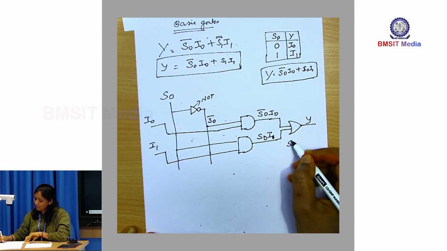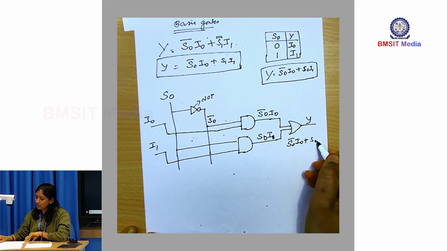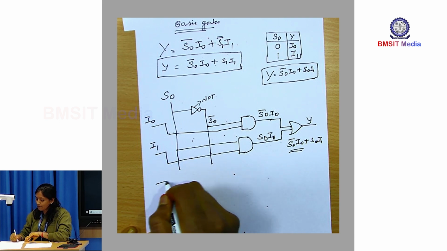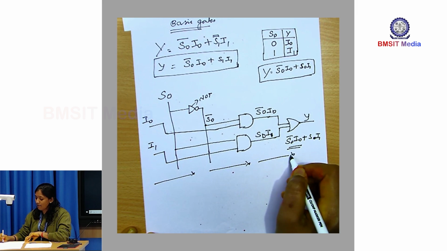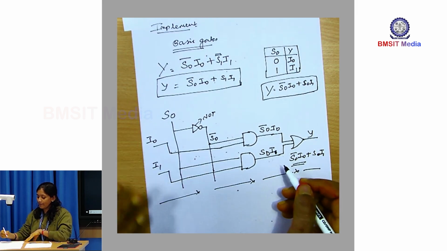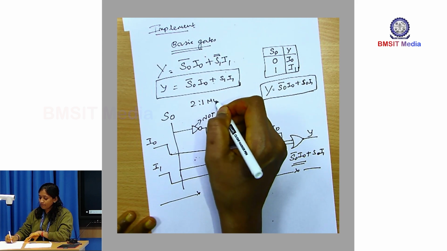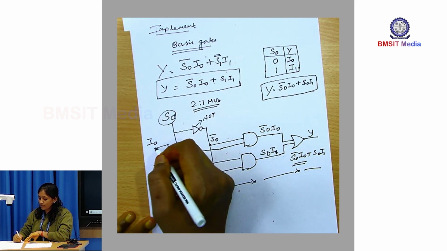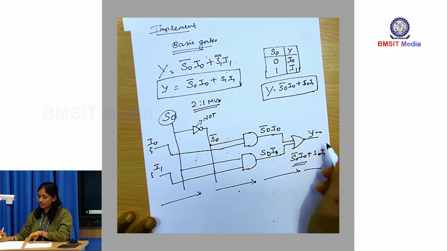That is S naught bar into I naught plus S naught into I1. So, this shows the implementation of a multiplexer using basic gates. Which multiplexer have we implemented? We have implemented a 2:1 mux. Based on the select line, either I naught or I1 is transmitted to the output side.